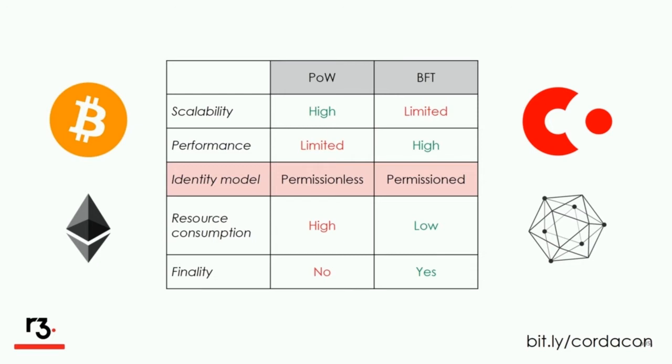And BFT works well for private blockchains or permissioned blockchains, which try to effectively optimize existing business workflows. And there are some existing trust relationships and trust assumptions, and also some regulatory requirements.